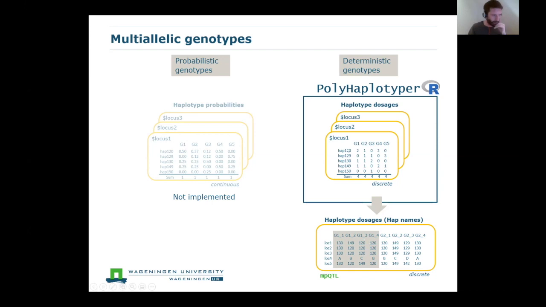So this is the example above, in which we have 2 dosages for G1 for 120, and 1 dosage of 130 and 149. So this is the actual input format that is used.